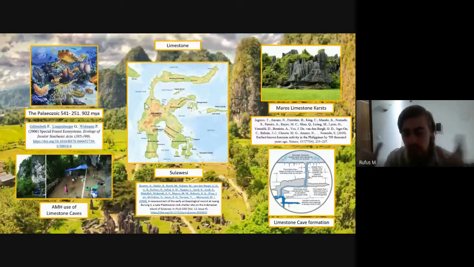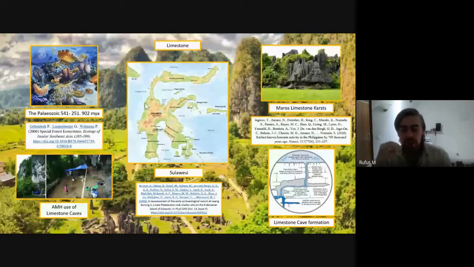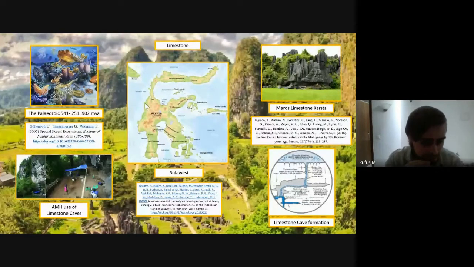These cave systems were formed through similar dissolution and fluvial processes and were then utilized and attractive to early hominin and later anatomically modern human activity and behavior. Some of these caves started in the Paleozoic period, others a lot sooner. So, next slide, please.